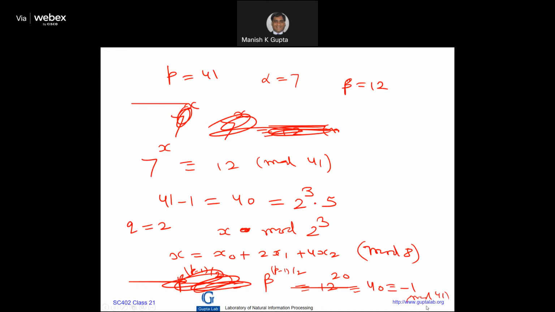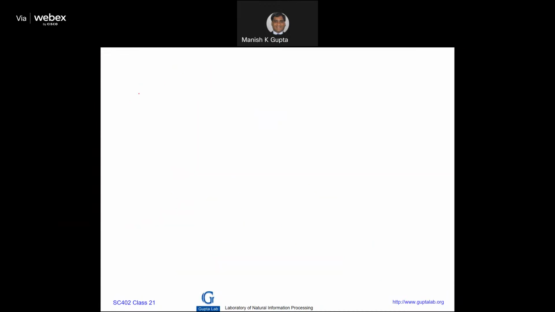We have got this value, and I can look at alpha raised to power (p minus 1) by 2, 7 raised to power 20, congruent to minus 1 mod 41.